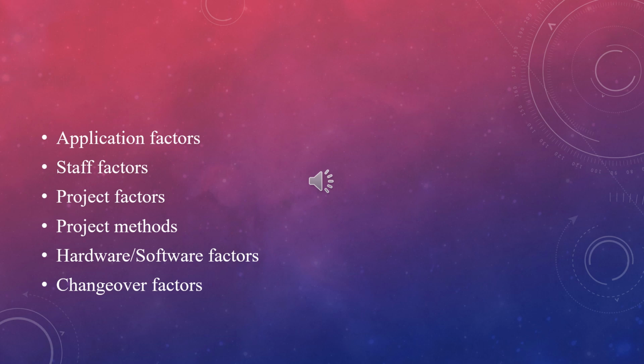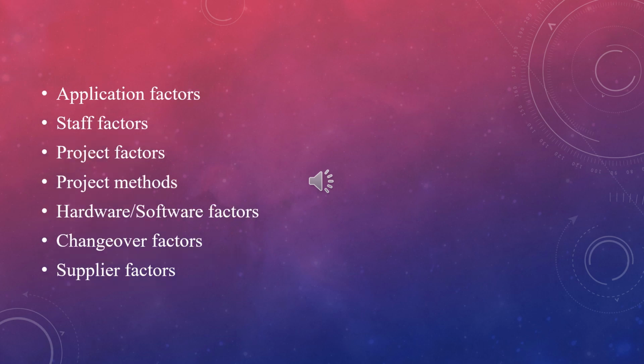Parallel running can provide a safety net, but might be impossible or too costly. Then supplier factors. The extent to which a project relies on external organizations that cannot be directly controlled often influences the project's success.